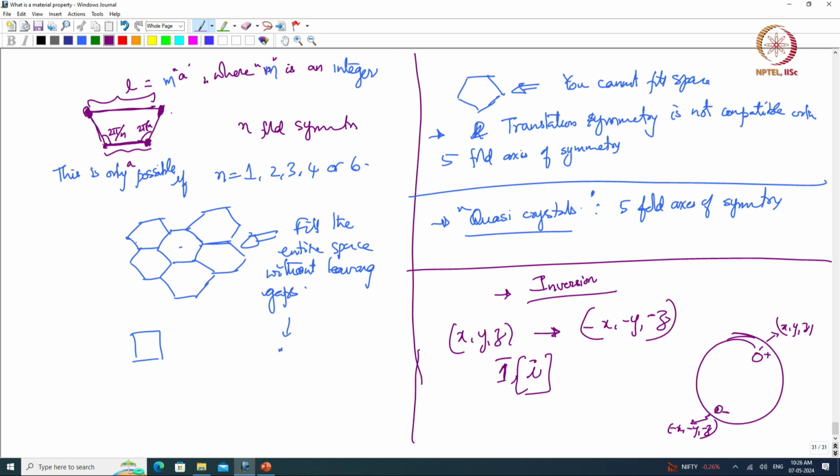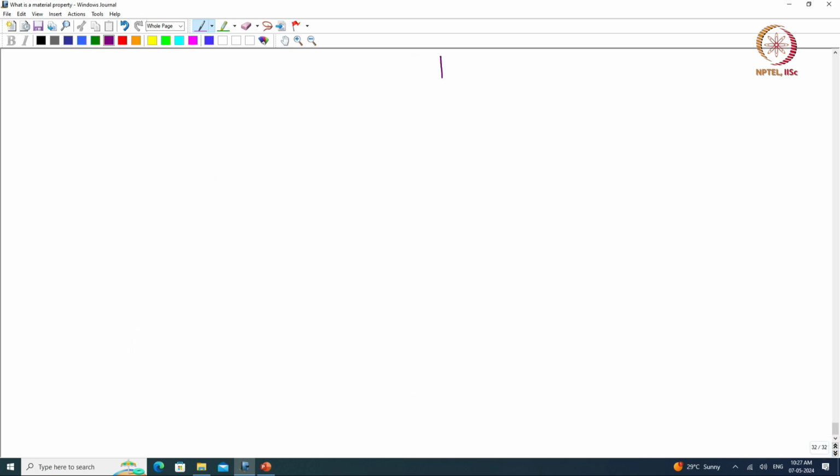So, chirality also changes, right. So, right handed chirality I am not going to show anything, left handed chirality I am going to put a comma, right. So, inversion is easy, it transforms x y z to minus x minus y minus z, but what else is it going to do is it is going to actually invert the chirality of my x y z, right. The other operation that also inverts chirality is a mirror, the other point operation.